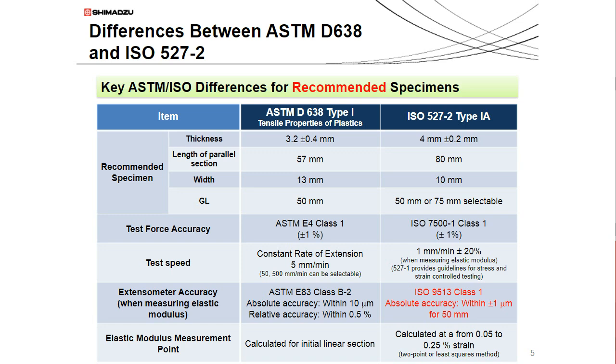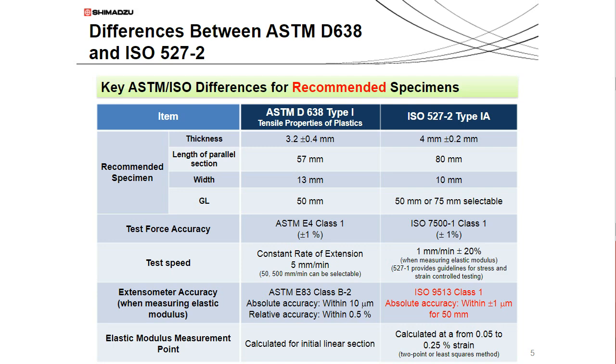And these are the requirements for the type 1 recommended standard, which is a 3.2 millimeter thick specimen with a 50 millimeter gauge length. The specimen is recommended to be tested at 5 millimeters per minute, and the force accuracy measurements should conform to ASTM E4 Class 1 load cell accuracy, which is a requirement of plus or minus 1% force accuracy.